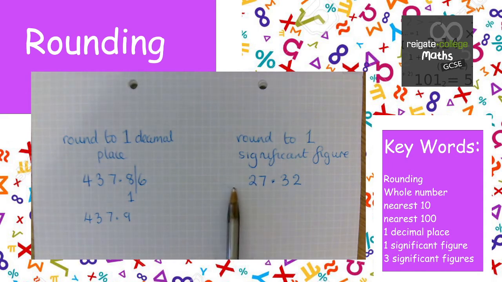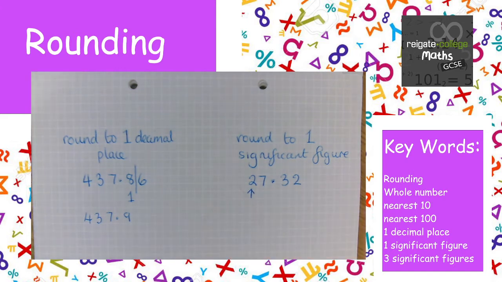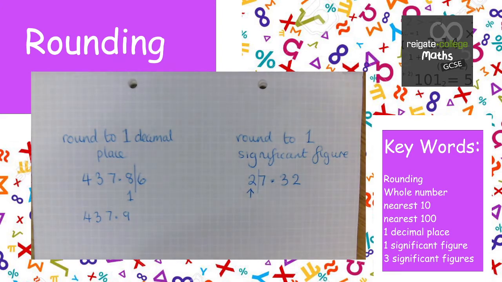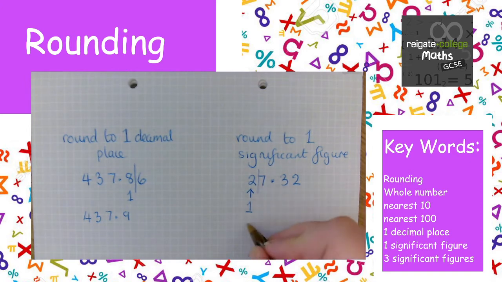So reading the number from left to right, our one significant figure is the 2. We're rounding to this point here. Once we've identified the point of rounding, our rounding mechanics is exactly the same as we would do normally.